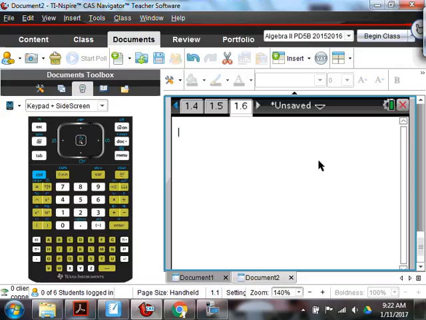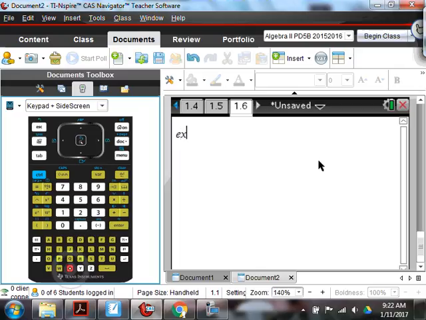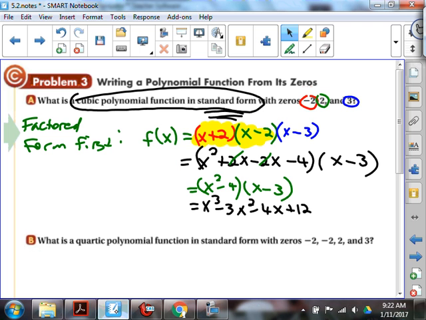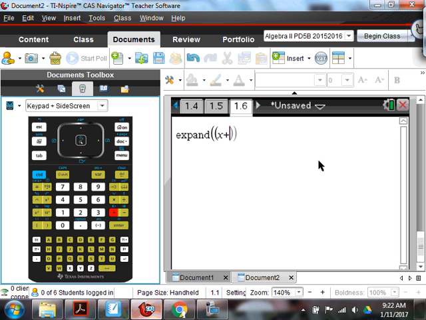So I'm on a calculator page, and you could try this too. I'm going to type the word expand. I'm typing the word expand. And I'm going to have x plus 2, and x minus 2, and x minus 3. And I want to put a comma x. I want this to expand around the variable x.